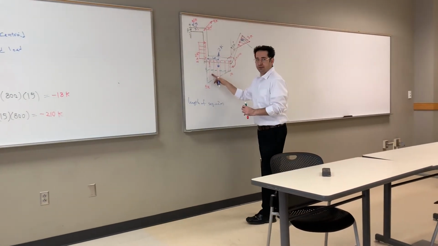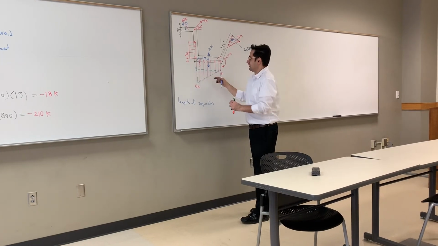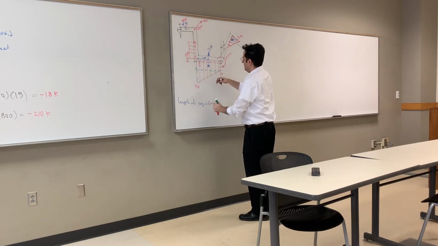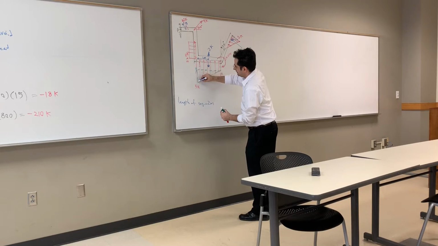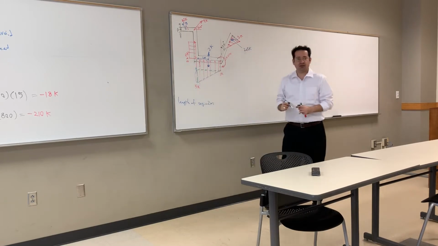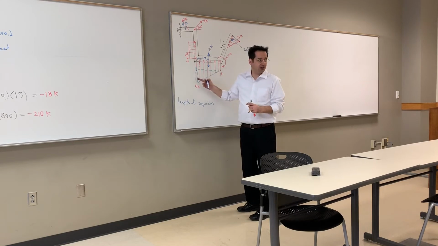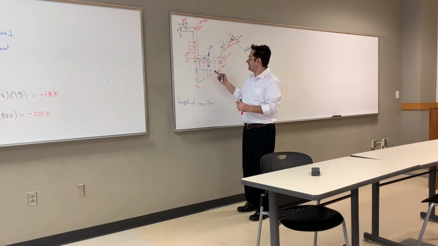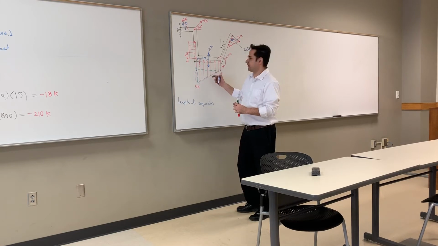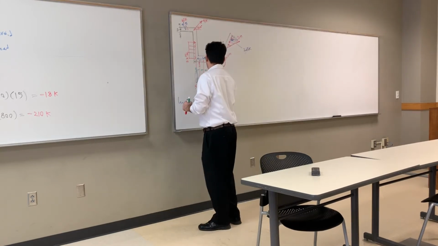What about this guy? It's 2 times the height. What's the height? 4. You see, 5 minus 1 is 4. 4 times 2 divided by 2. So it's just 4K. And the point line of action is right here.